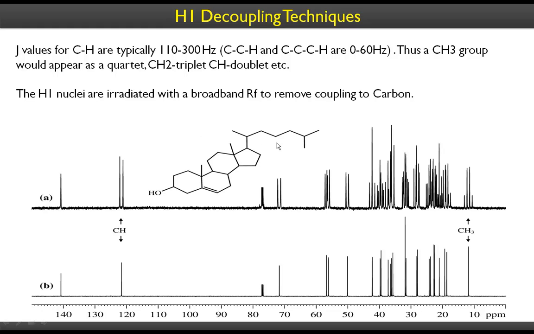In a complicated molecule such as cholesterol, the spectrum becomes pretty noisy and pretty overlapping, and the advantages of this off-resonance spectrum are kind of overtaken by the complexity that you see here.